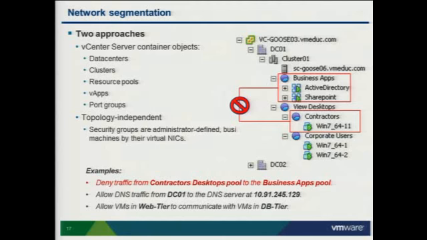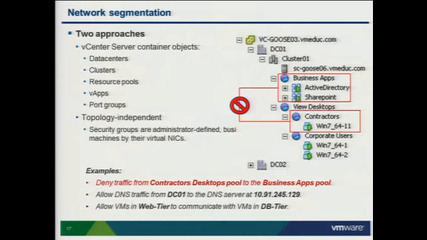And in this case, you'll see I've got a couple different setups. I've got a group defined as business apps, so a resource pool called business apps, which has Active Directory and SharePoint showing up. And then I've got some virtual desktops I've built, and I've got them in groups: corporate users and contractors.